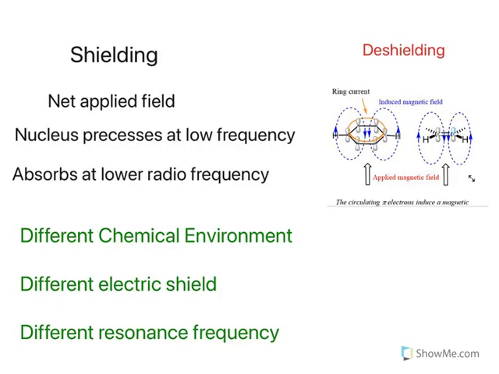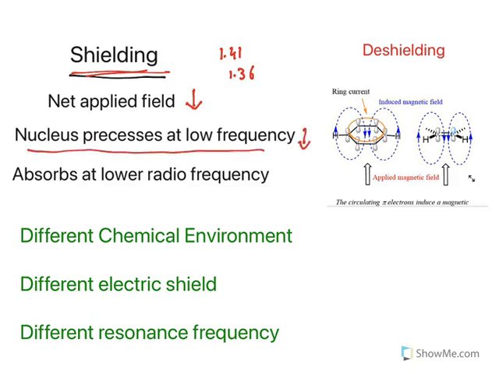Let us explore it. If shielding is there, what happens? Shielding will reduce the net applied field. You apply, let's say, 1.41 Tesla, but it gets only 1.36 or something like that. It is reduced because it is being shielded. When it is shielded, the nucleus precesses at low frequency. If you remember, the external magnetic field is proportional to frequency.